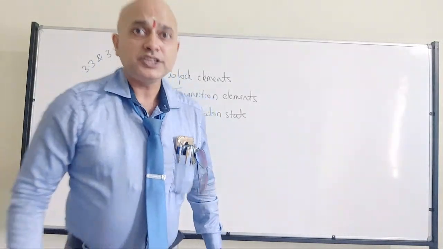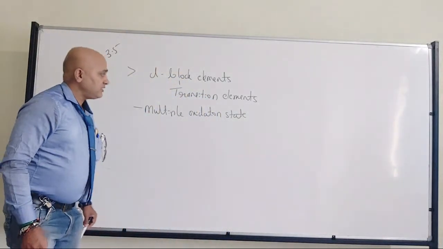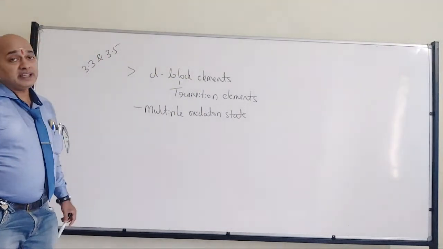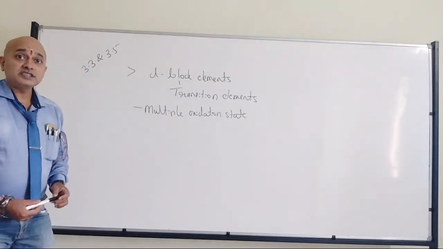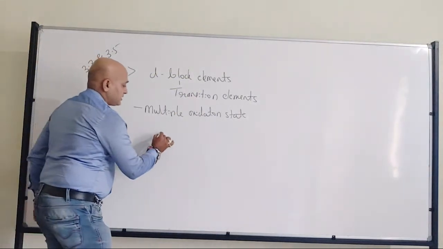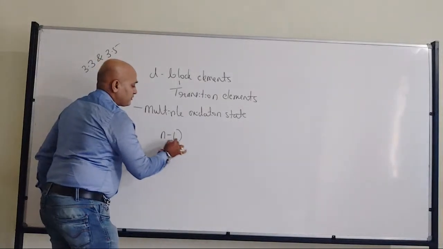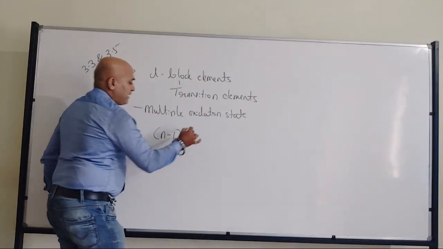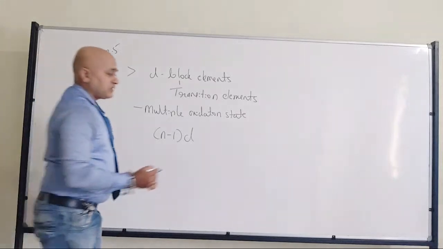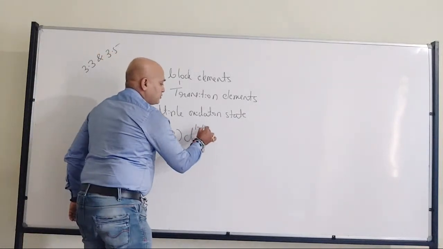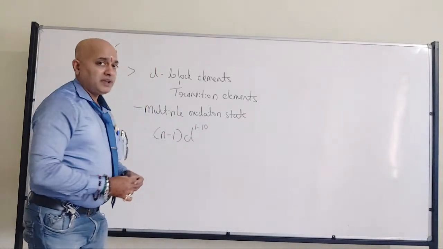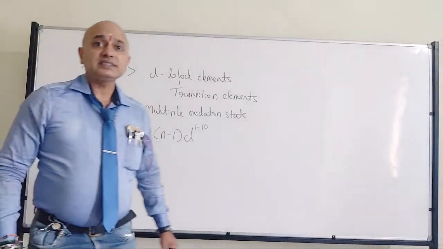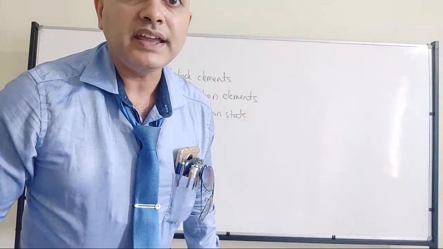Achyuta, yes, I will come to that, very good. What is the general electronic configuration? The general electronic configuration will be n-1 d, 1 to 10, because the D subshell can accommodate that.